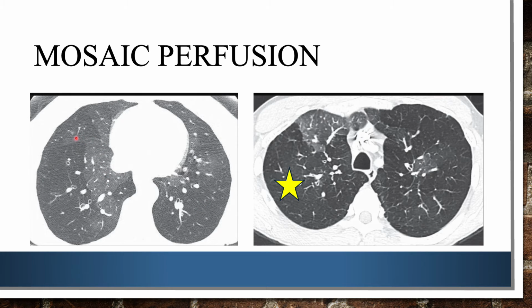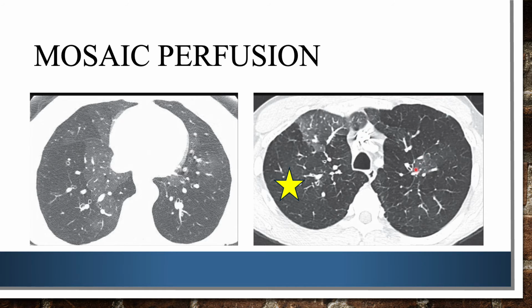So it's actually the black area here which is abnormal and the gray area is the normal lung, and this is called mosaic perfusion. Here again, very clearly, you can see more dense vessels in the normal zone and much less vessels in the black zone.